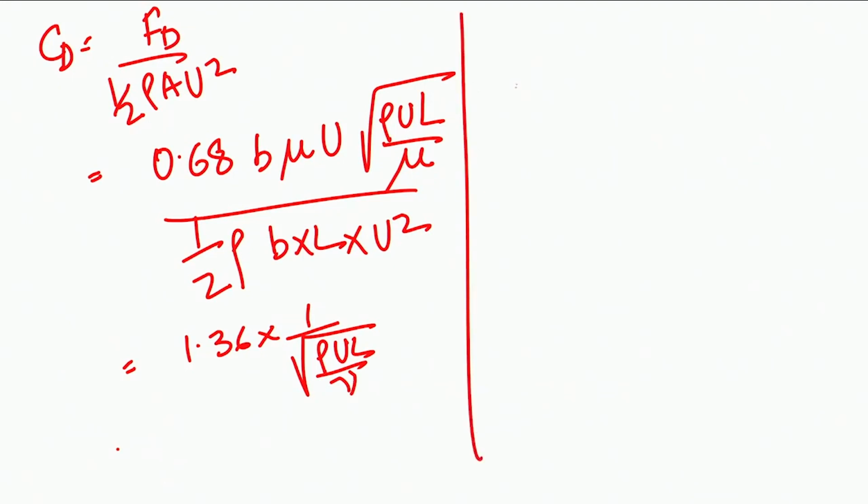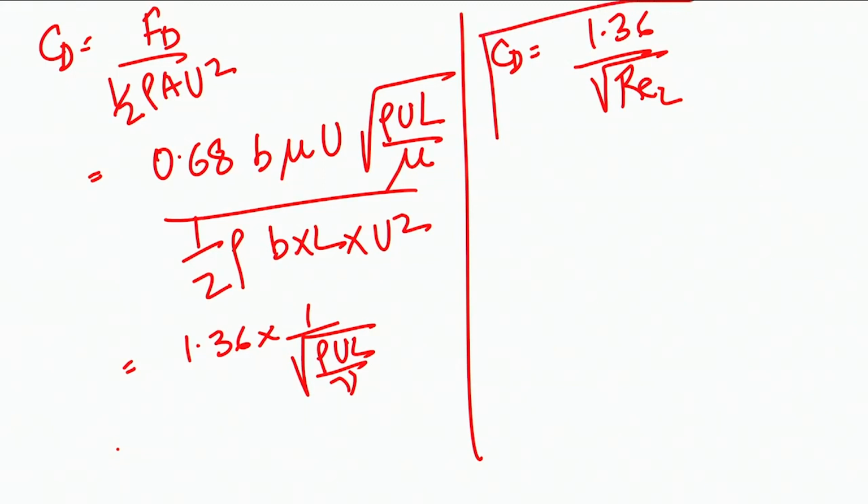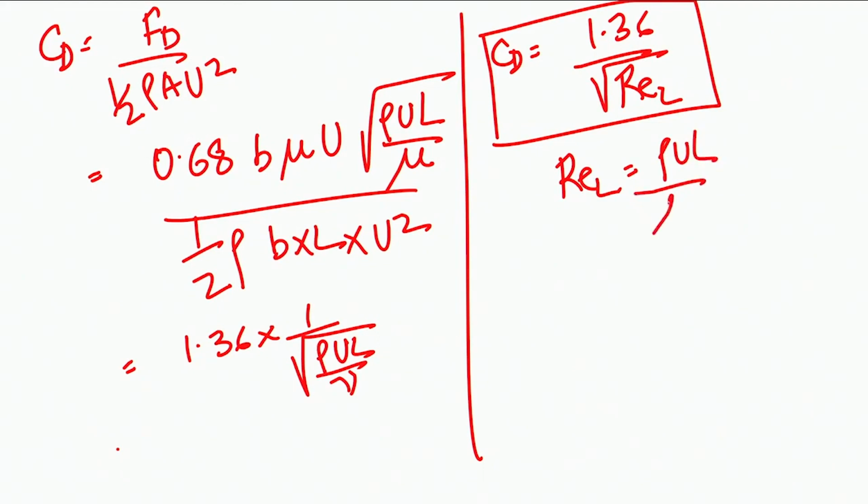Finally CD is 1.36 by under root Re L, where Re L, the Reynolds number at length L, is rho U capital L by mu.